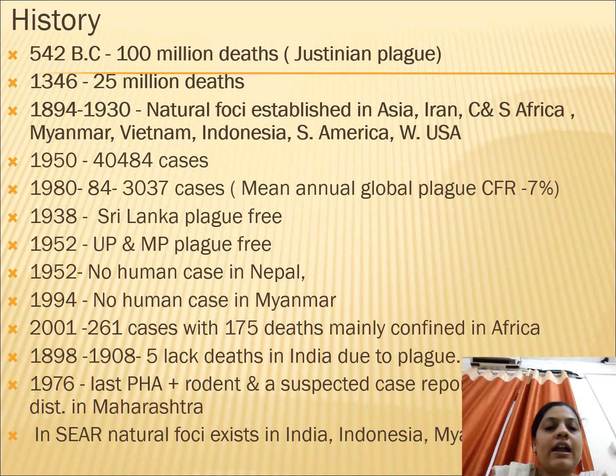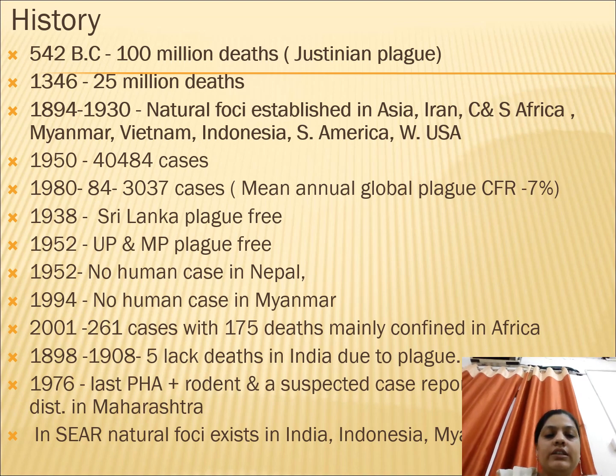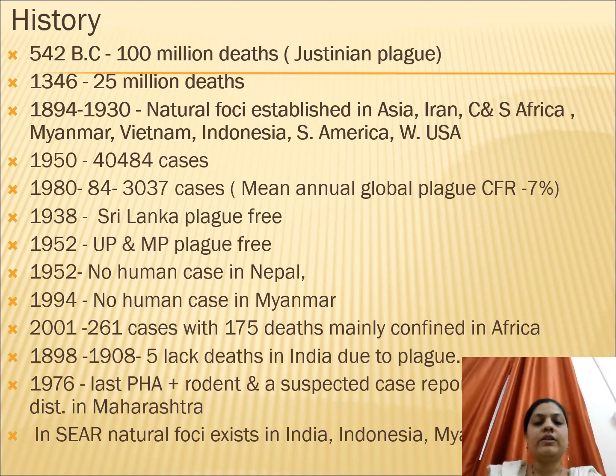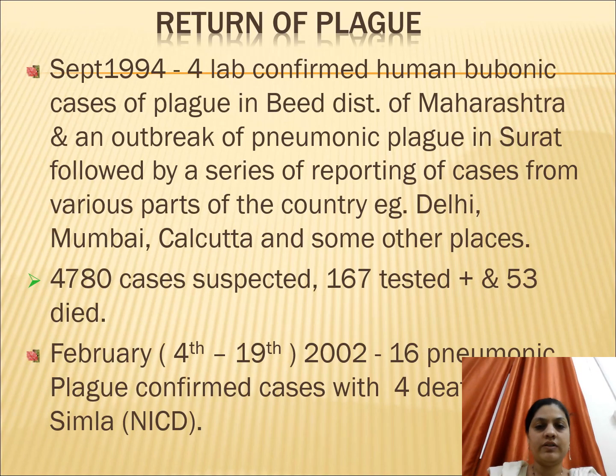After that, cases of plague erupted in 1950, 1980, and 1938, but in the 20th century the number of cases has been declining because of the overall improvement in hygiene and the living standards of people.